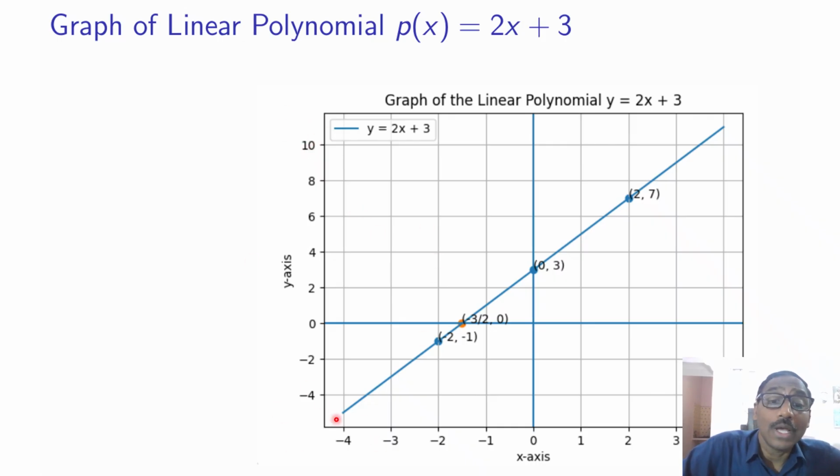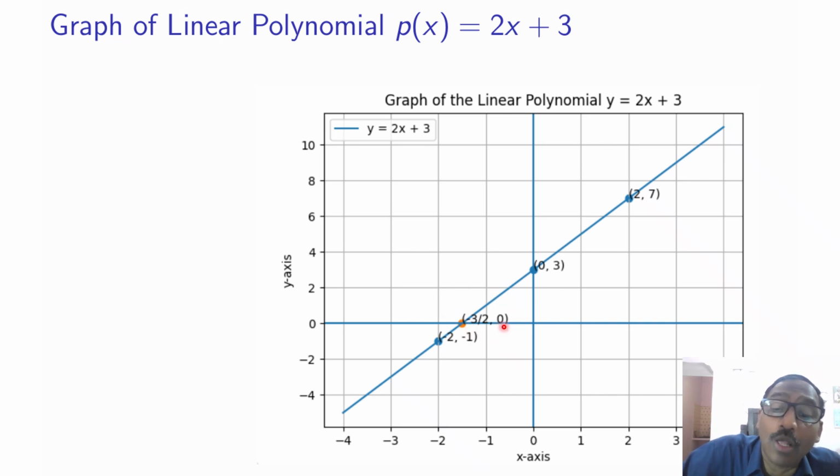So a linear polynomial is always a straight line. Where this polynomial intersects the x-axis, it intersects at the point minus 3 by 2 comma 0. On the x-axis the y coordinate is always 0, so the x coordinate here is minus 3 by 2.